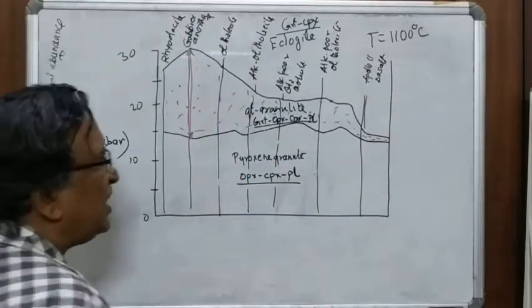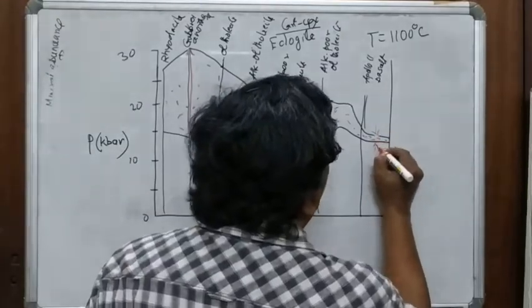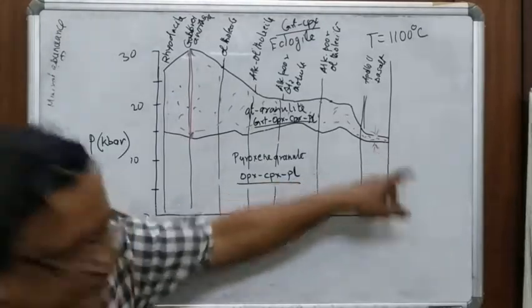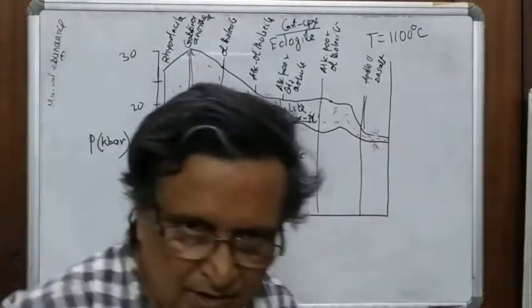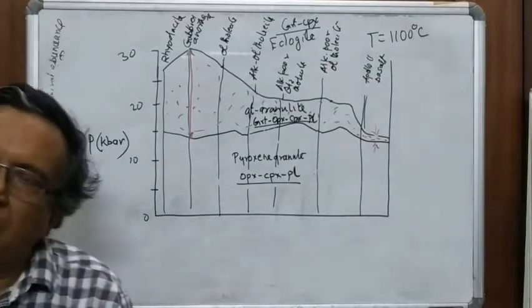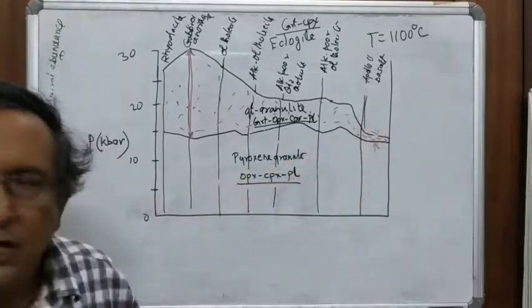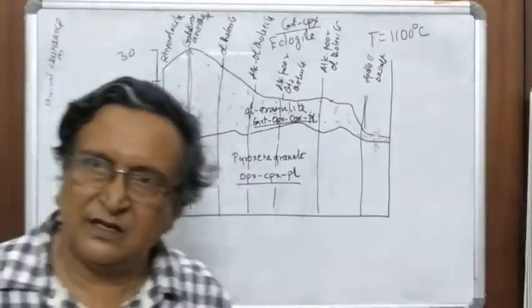But the smallest is for Apollo 11 basalt, where the pressure drop is less than 2 kilobars. 2 kilobars means roughly 6.5 kilometers. So the smallest transition was taken by an Apollo 11 basalt.